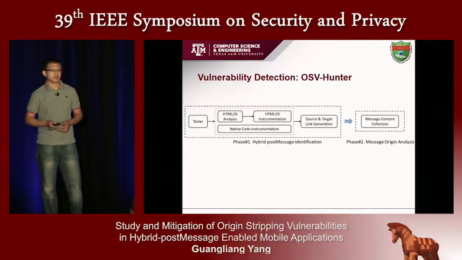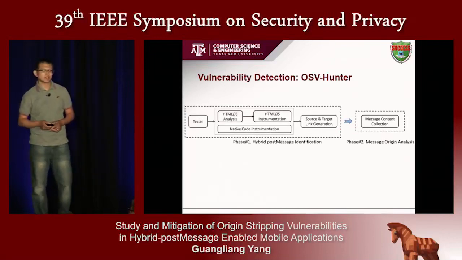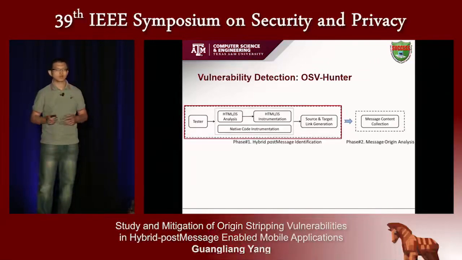OSV Hunter. This picture shows the design of OSV Hunter. It consists of two steps. In the first step, OSV Hunter will identify the message senders and message receivers, understand the semantics between them, and then identify the hybrid postMessage implementation.